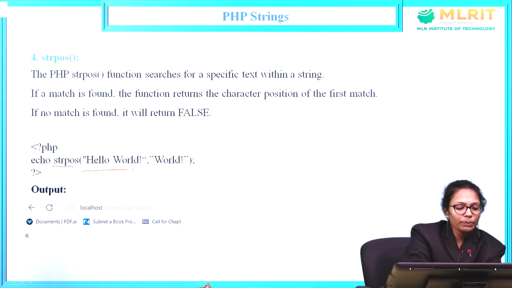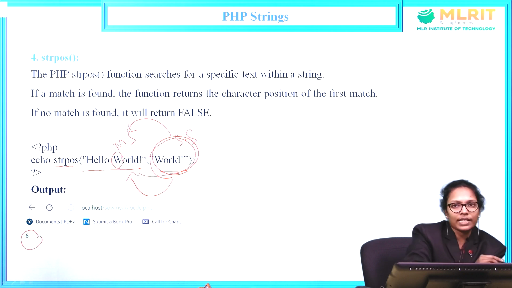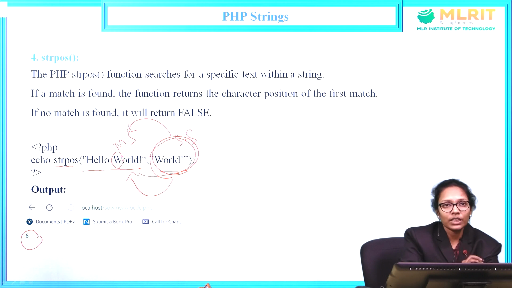The first one is the main string and the second one is the substring. It will find the position of the substring in the main string. If you are searching for world in hello world, it starts at index 6. So it will return the first index of the word in the main string.